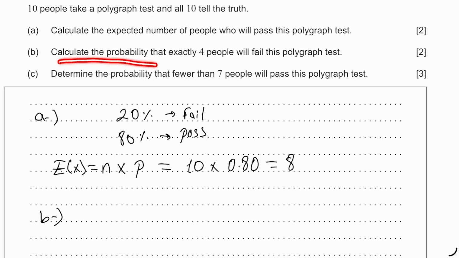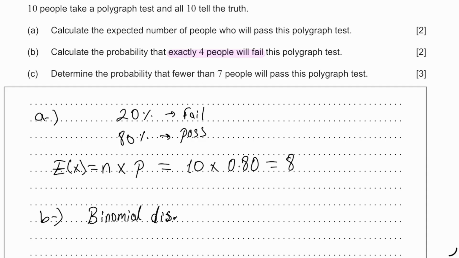Calculate the probability that exactly 4 people will fail in this test. Okay. So we have the number of trials and the probability of success. Which topic is that? It is called binomial distribution, because we have 2 options, either fail or pass, right? 2 outcomes.